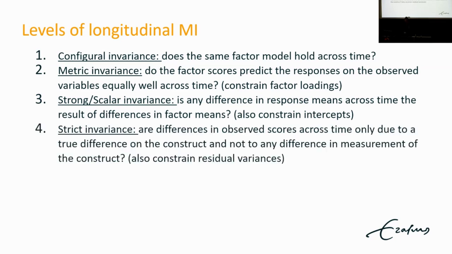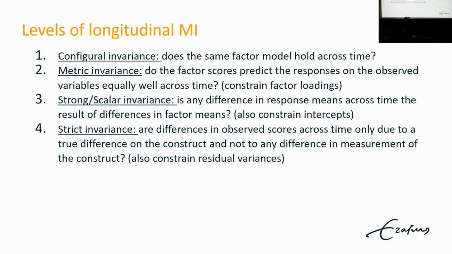And then the most stringent type of invariance is called strict invariance, also called full invariance. And then we ask ourselves the question: are differences in observed scores across time only due to true differences on the construct and not to any difference in measurement of the construct?